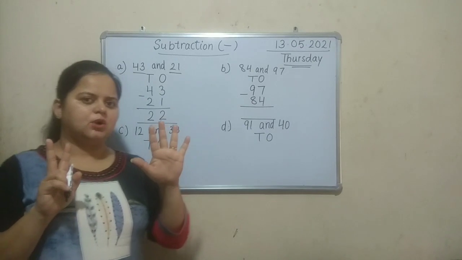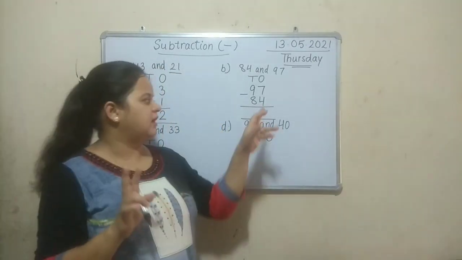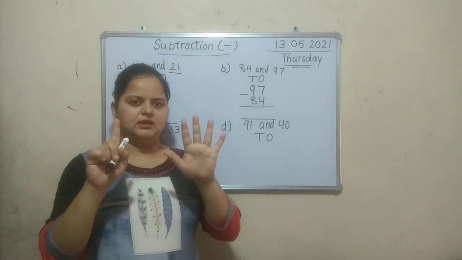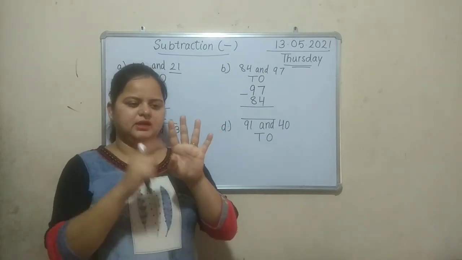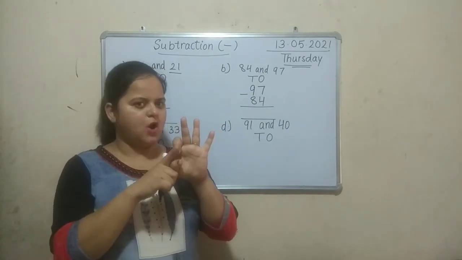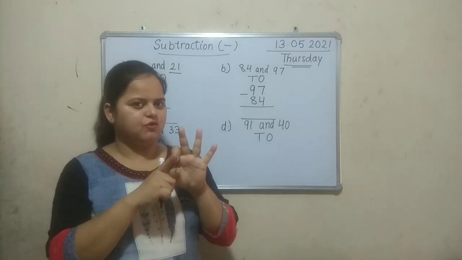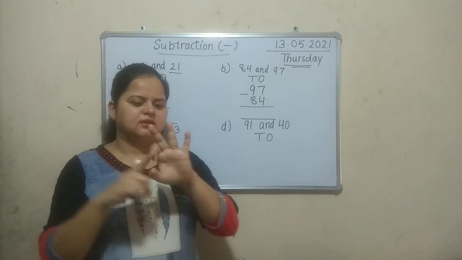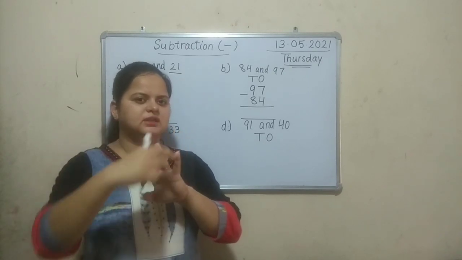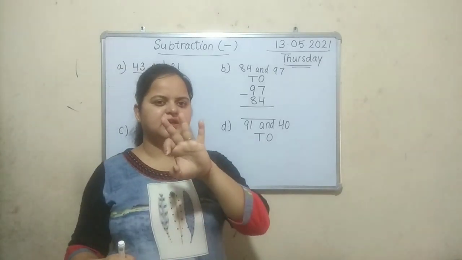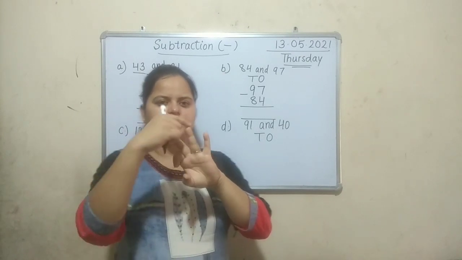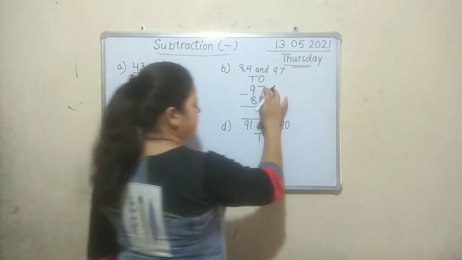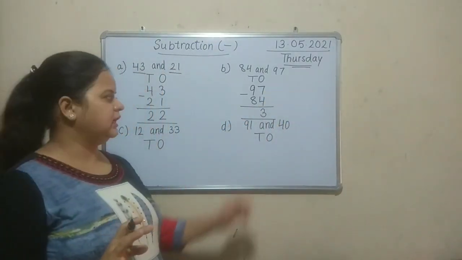Now we have to close 4 fingers from these 7. 1, 2, 3, 4. How many have I closed? 4. And how many do I have left on my fingers? 3. So we will write the number 3 here. 7 minus 4 is 3.